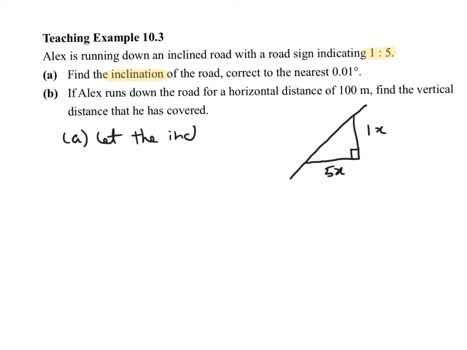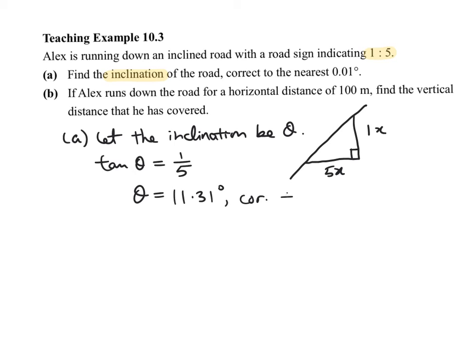Let the inclination be theta. So tangent theta is 1/5. By using your calculator, theta is 11.31 degrees. And then we should have our final statement.